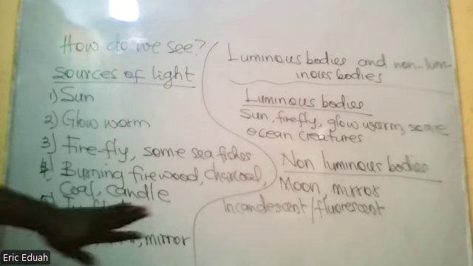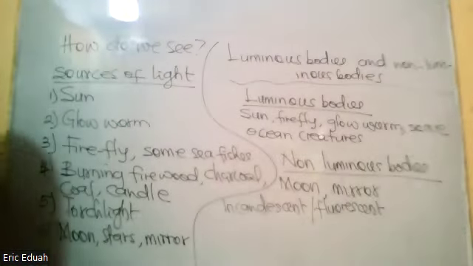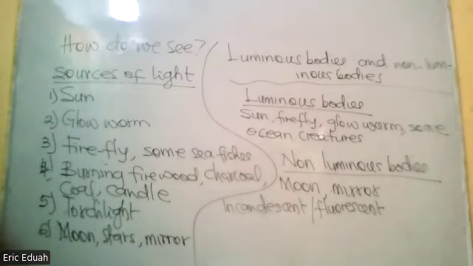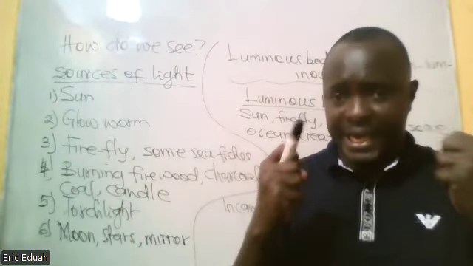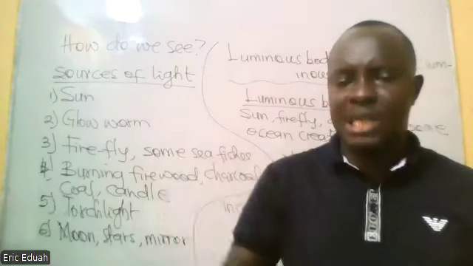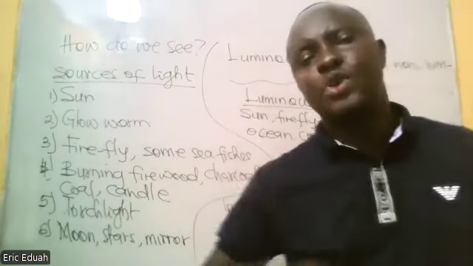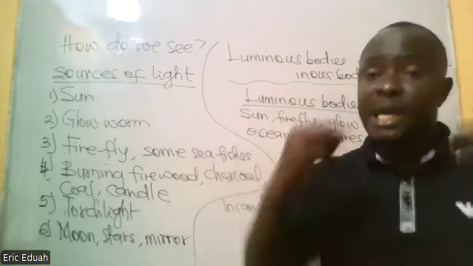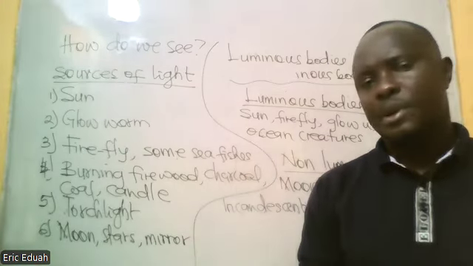When we talk about incandescent sources of light, we are talking about all sources that produce light when heated. So they can only produce light when heated to a higher temperature.